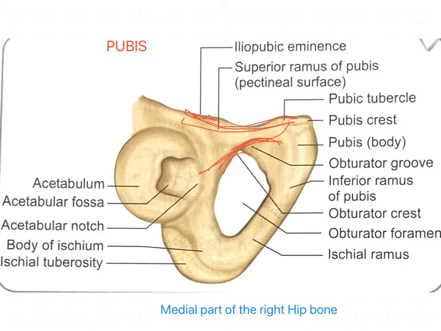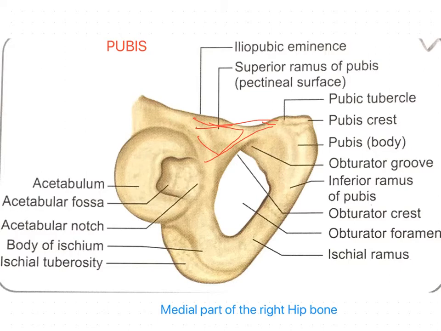Coming to the surfaces, one is the pectineal surface, a triangular area between the anterior and superior borders. The pelvic surface lies between the superior and inferior borders, is smooth, and is continuous with the pelvic surface of the body of the pubis.